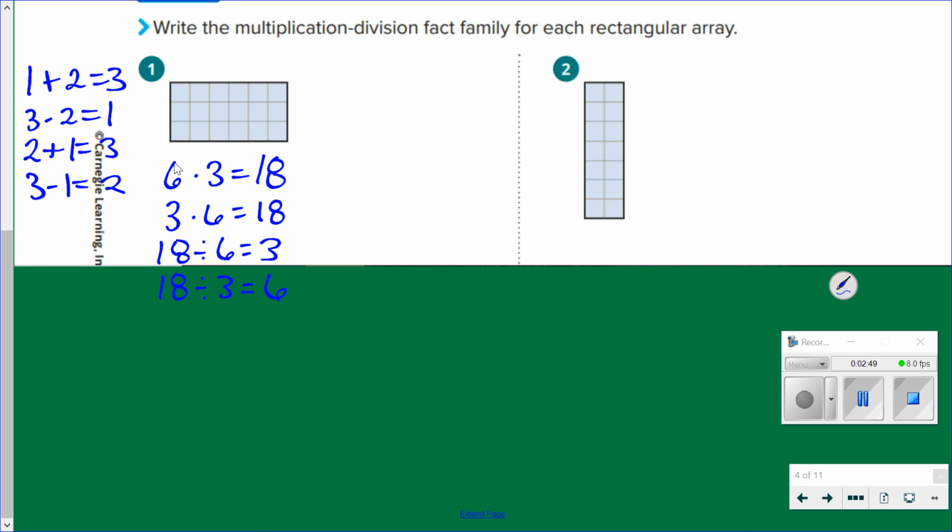Who can tell me the multiplication problem for number 2? Seven times 2 equals 14. Who can give me another one? 2 times 7 equals 14. Who can give me a division problem? Angelina? 14 divided by 2 equals 7.